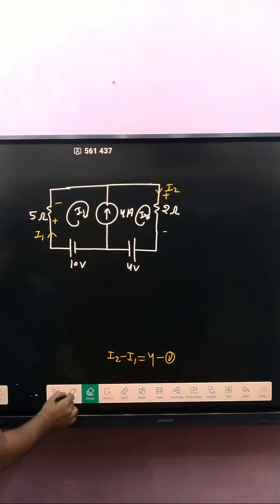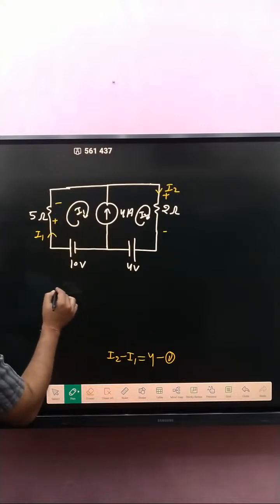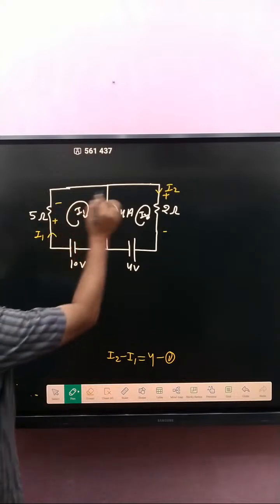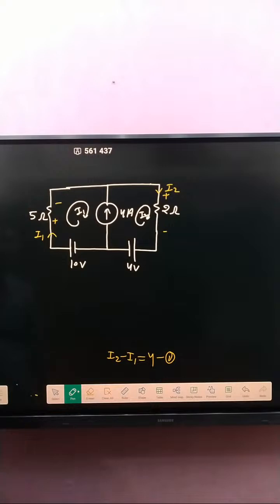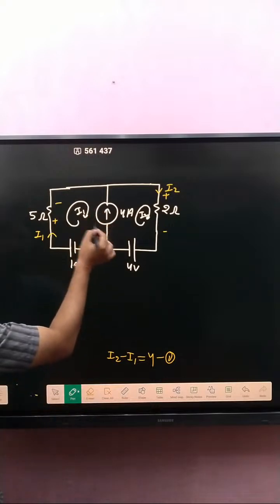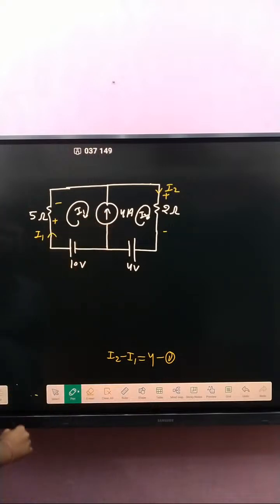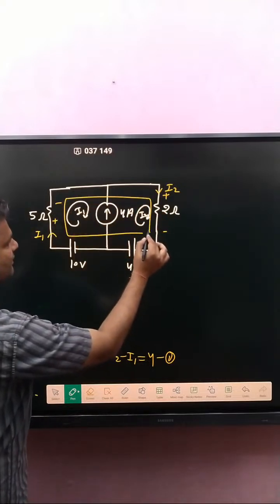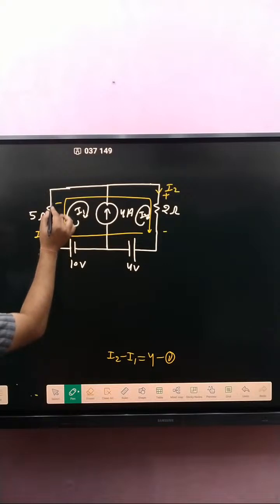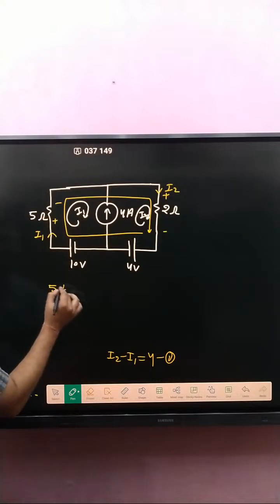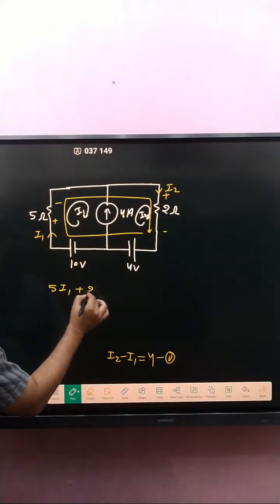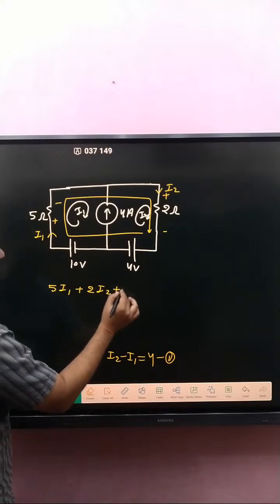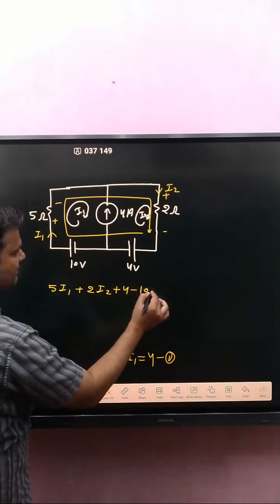After that, we have to focus on that loop, this super loop, because no voltage across that one, I don't know. So we have to focus on this super loop. Plus 2 minus 5 I1, minus 2 I2 plus 4 minus 10, this is equal to 0.